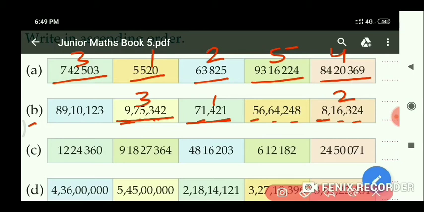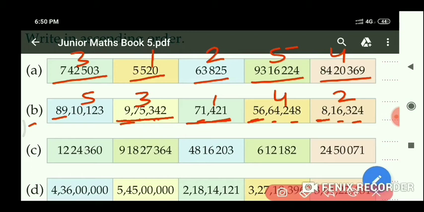Here the 10 lakh place digit is 89. Here it is 56 lakh. So 56 is smaller than 89. So the fourth one will be 56 lakh 64,248. And then after that the fifth one will be 89,10,123. Okay. So as I have written the numbers upside, you can arrange these numbers in ascending order.